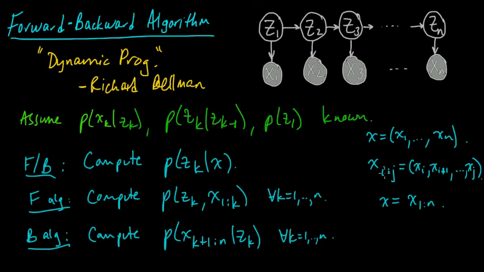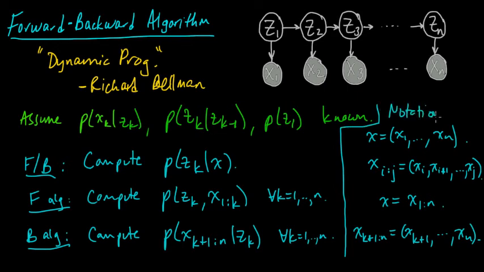Just to be clear, when I write xk plus 1 colon n, using our convention, it's xk plus 1, xk plus 2, xk plus 3, up to xn. So this is just notation here. So this is our goal in the forward-backward algorithm. We're doing this, and it takes 2 steps: the forward part and the backward part.